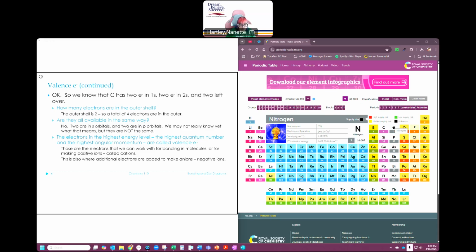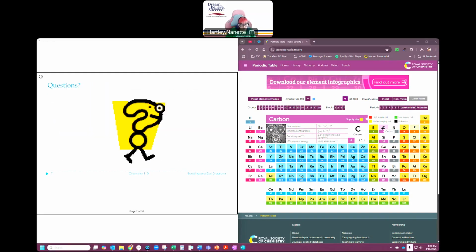Those are the electrons that we have for working in bonding, that we can make bonds with, that we can take away to make cations, that we could add to make anions, things like that. So those are important.